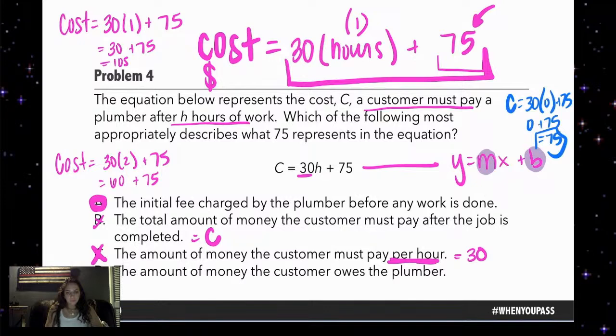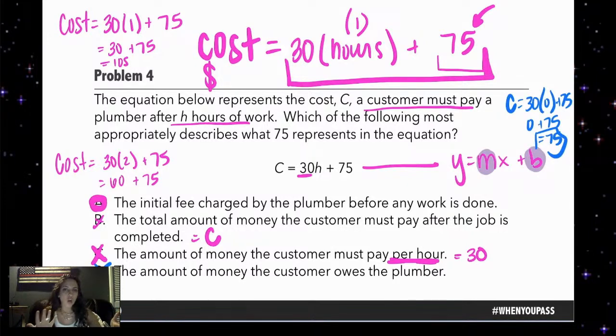And the amount of money the customer owes the plumber, that's a very vague response and is not a mathematically accurate response. Because how much they have to pay the plumber at the end of the job would be the cost.